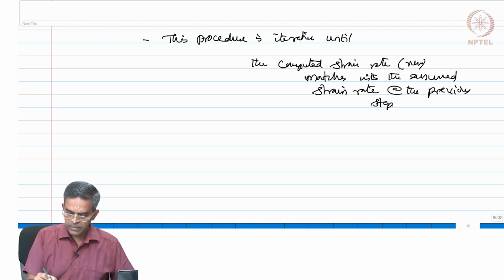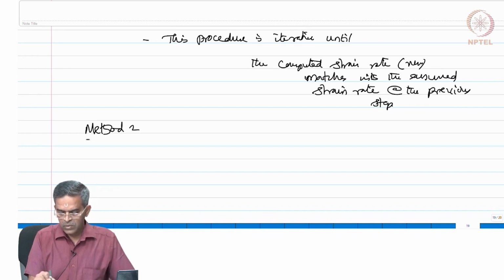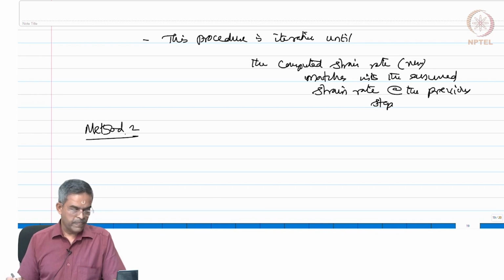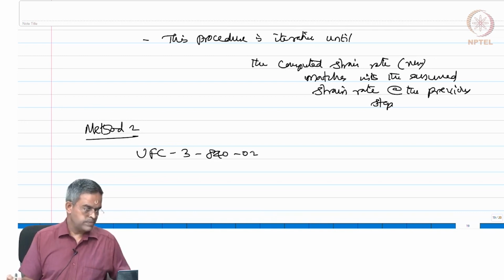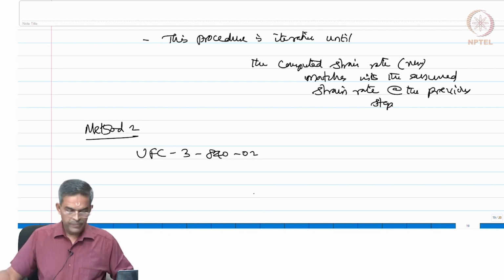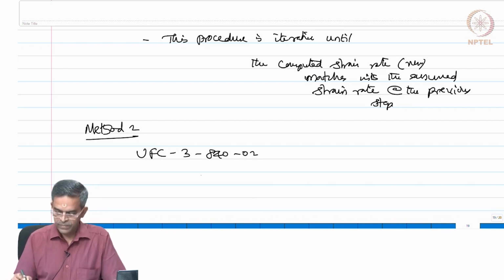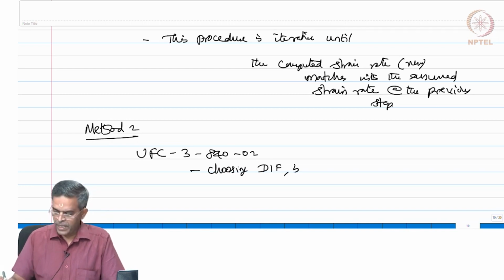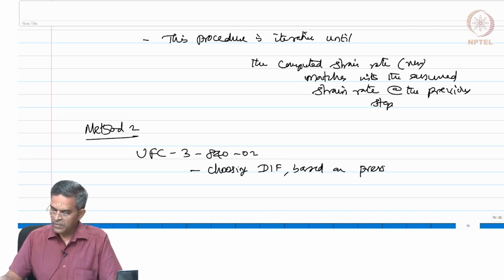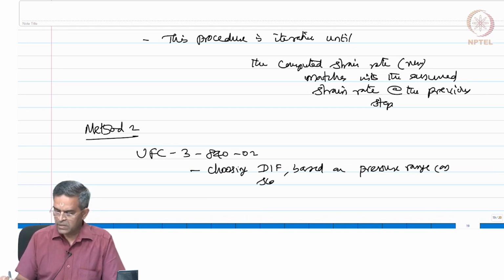There is another method by which we can do the dynamic increase factor. So, this is suggested as per UFC 3-340-02. This code suggests choosing dynamic increase factor based on pressure range or scaled distance of the explosion.